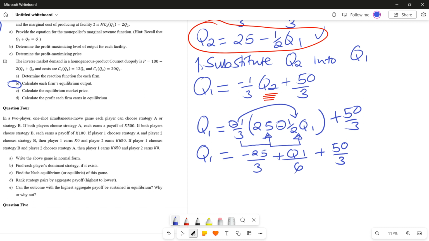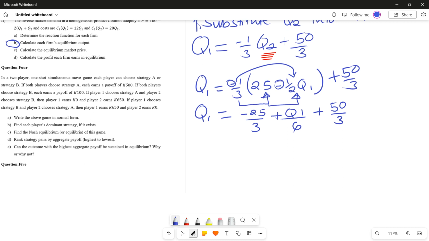Okay, but remember, our target is to make Q1 the subject of the formula, so that we can find the actual amount that can be produced from the first facility. All right, cool. So how can we do that? When we reach here, the next step is to collect the like terms together. So can we collect like terms together?